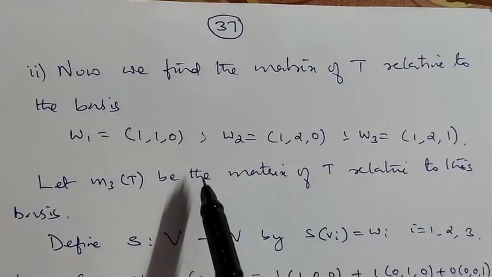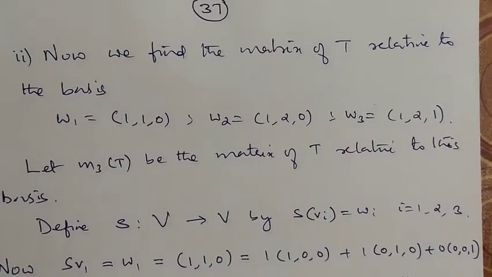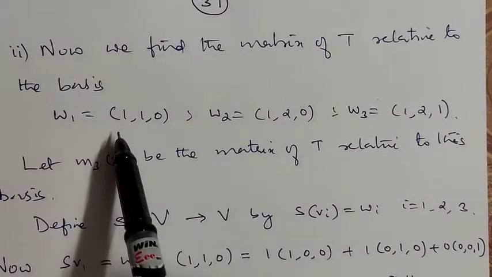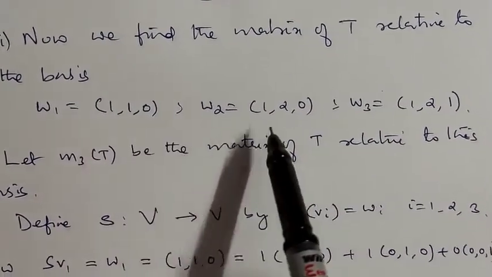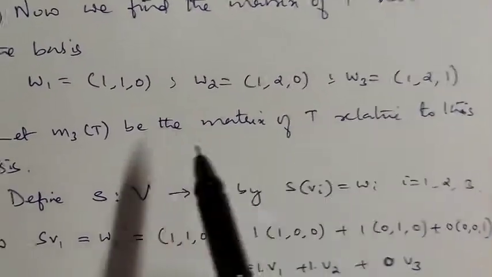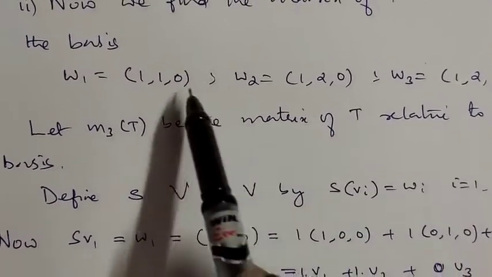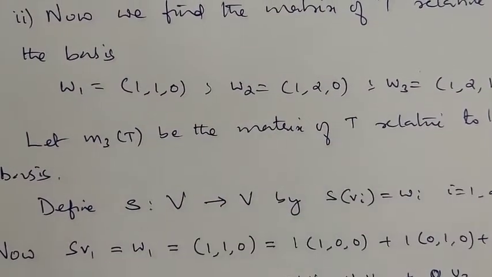For this we have to go through the same steps as in the theorem itself. Let W1 be (1, 1, 0), W2 be (1, 2, 0), W3 be (1, 2, 1). Now, let M3 of T be the matrix of T related to this basis W1, W2, W3.